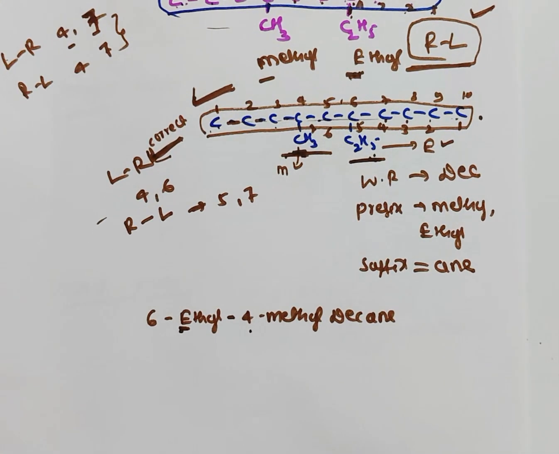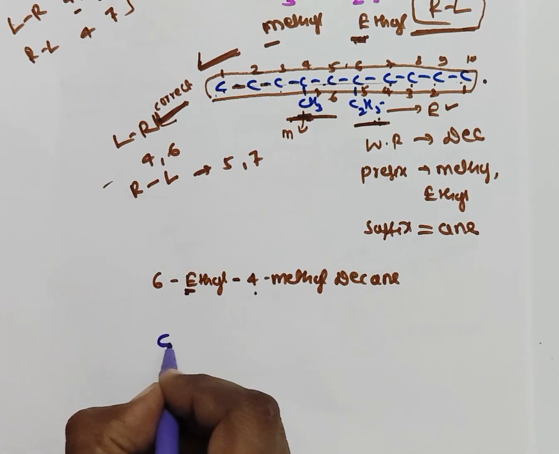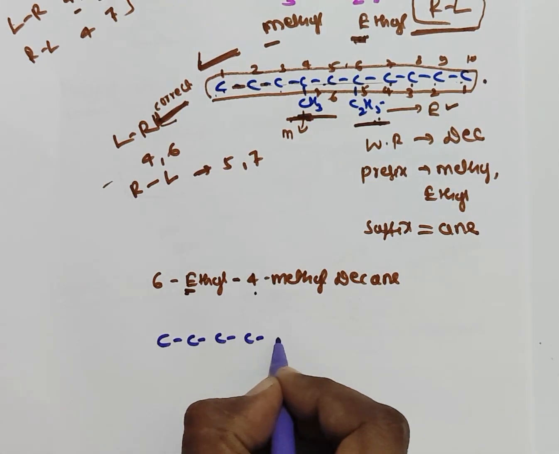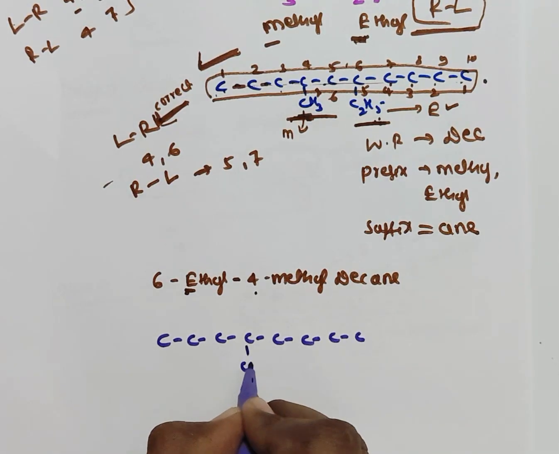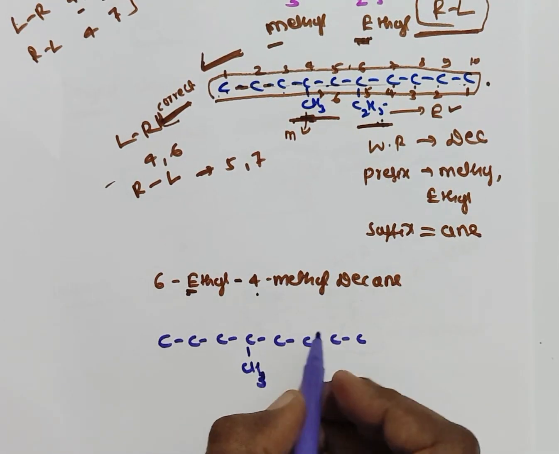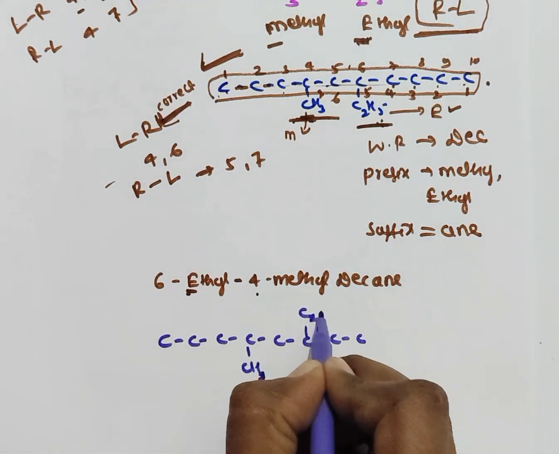We move towards another example. Here 1, 2, 3, 4, 5, 6, 7, 8, and here CH3 is there, and here C2H5 is there.